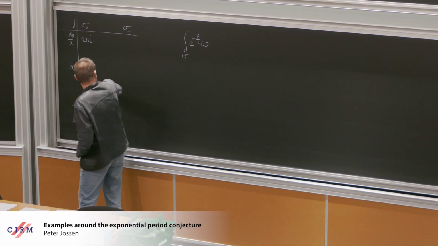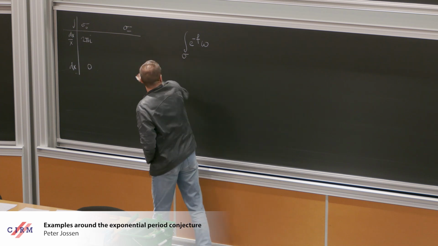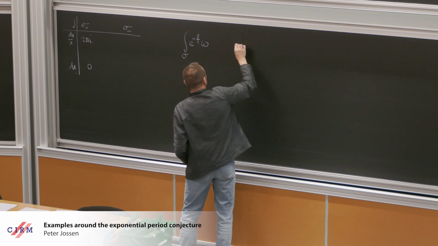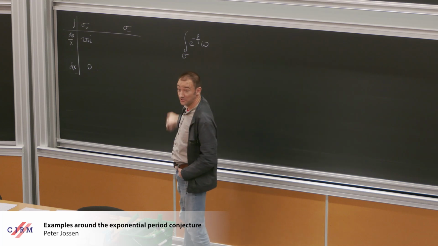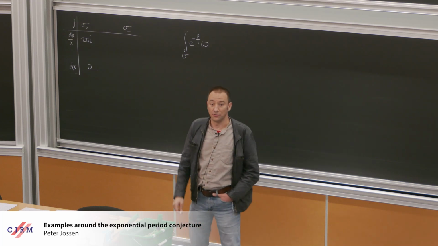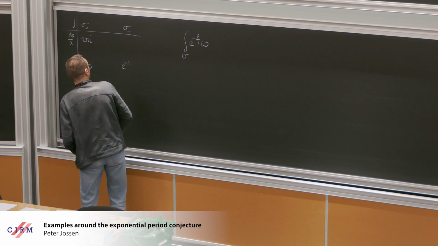So there is this integral along the line, e to the minus x dx integrated from 1 to infinity. That's also not hard. This gives you e inverse.